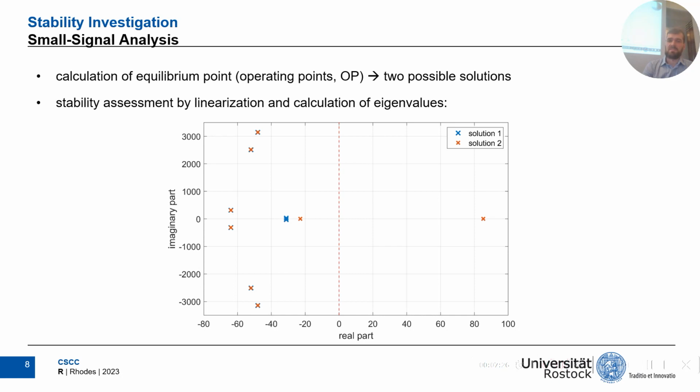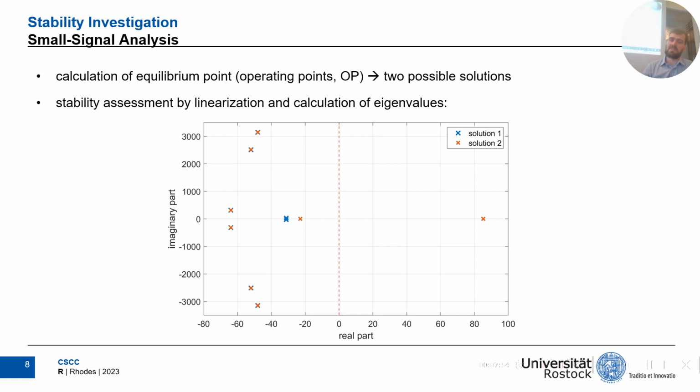You can see that for solution 1 in blue, the eigenvalues are all in the left half plane, so that means the system is stable. But for solution 2, one of the former complex conjugate eigenvalues is now a real eigenvalue, and one of them is shifted to the right half plane. So that means that solution 2 here is an unstable system.